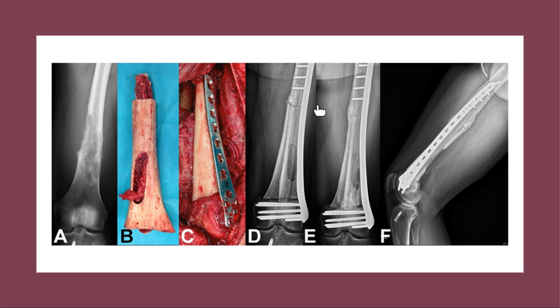But one of the main problems is that with this procedure, you're depending on this plate for stability. And oftentimes these plates can break, the bone can become infected, and you may have to do multiple surgeries for these patients to address these complications.